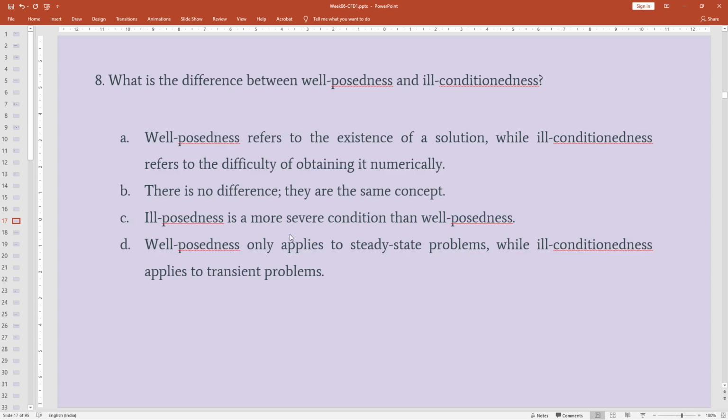They are the same concept but different names. Option C, ill posedness is a more severe condition than well posedness. Option D, well posedness only applies to steady state problems, while ill conditionedness applies to transient problems. You can try to answer the question. You can inbox your answers.